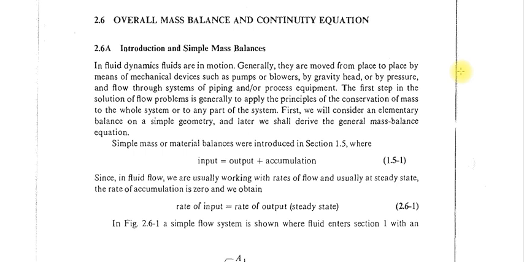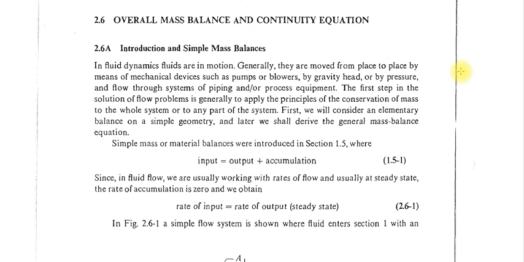You can use the differential equation to solve problems, to calculate the velocity at a given point, or to calculate the shear stress at a given point. There is another approach to write the mass balance or momentum balance, called the macroscopic balance. In the macroscopic balance we write the balance for the whole system.